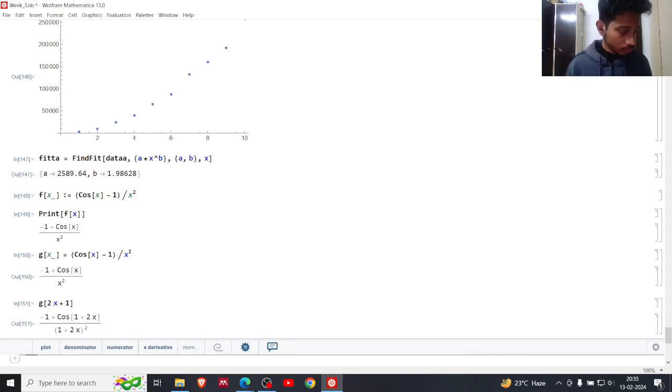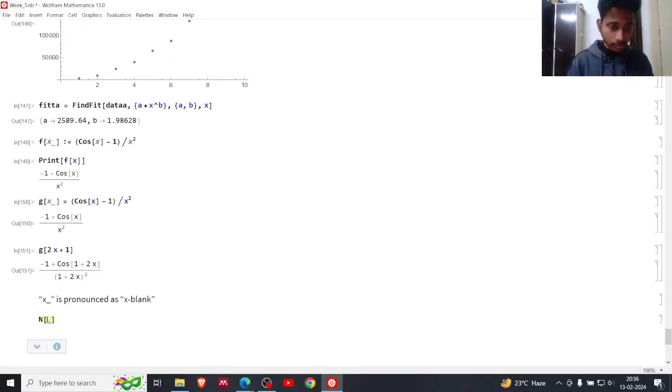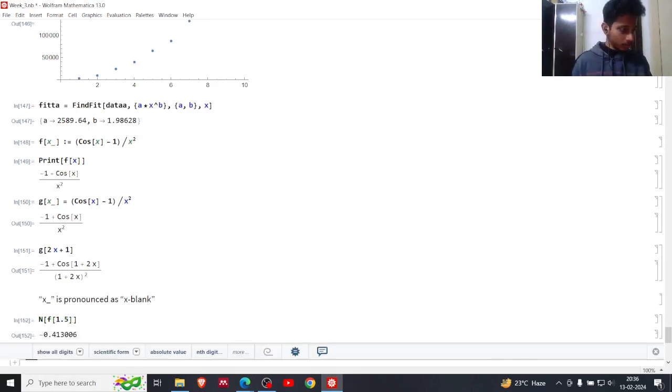So this x underscore is pronounced as x blank. Now f of 1.5 is like this.